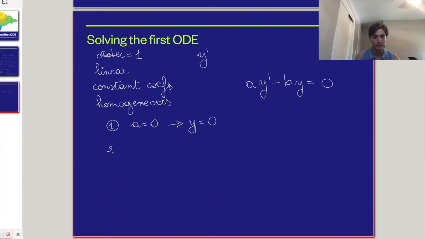The second case then is a different than 0. Then we can divide everything by a, and we have y prime plus b divided by a, y equals to 0.